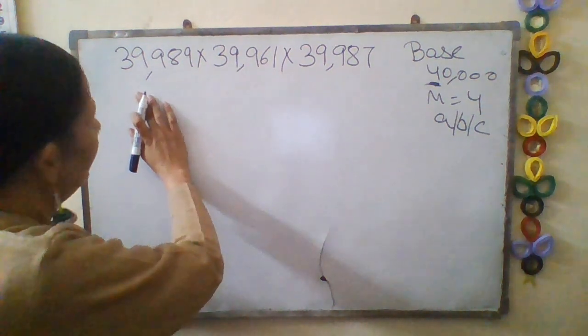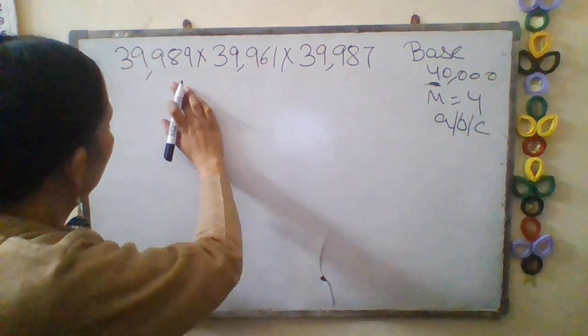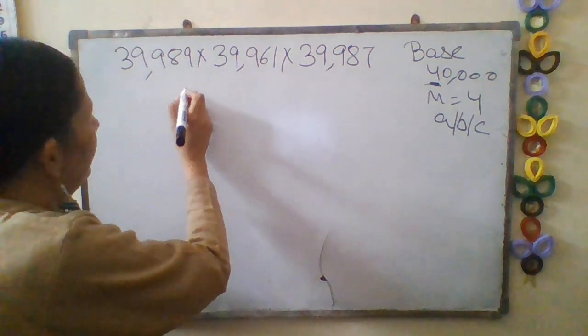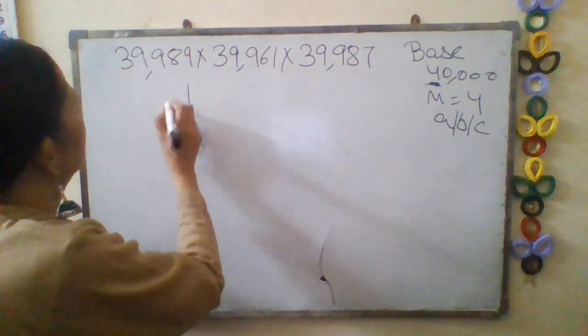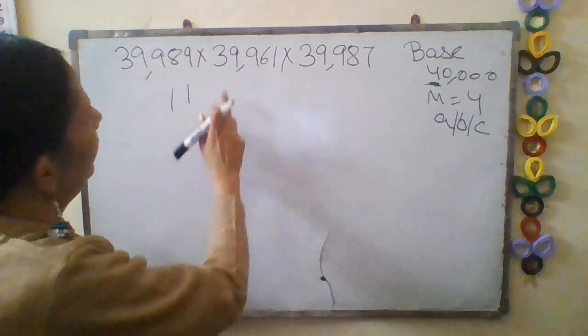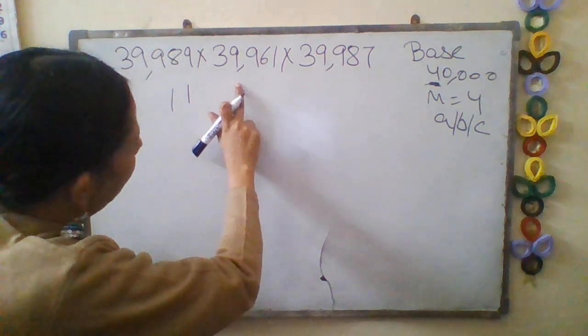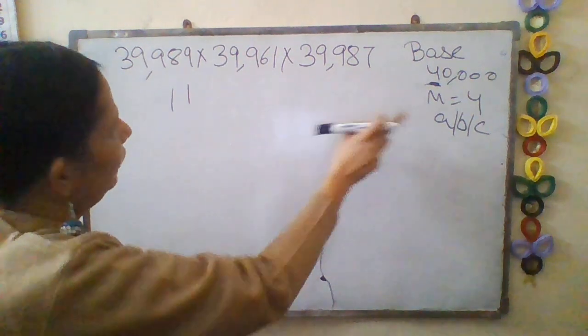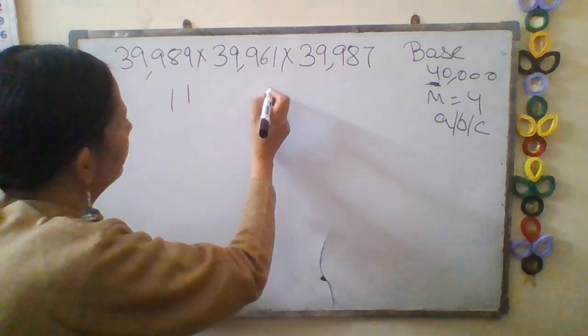Now, if you subtract 39,989 from 40,000, what will you get here? And if you subtract 39,961 from 40,000, what will you get here?